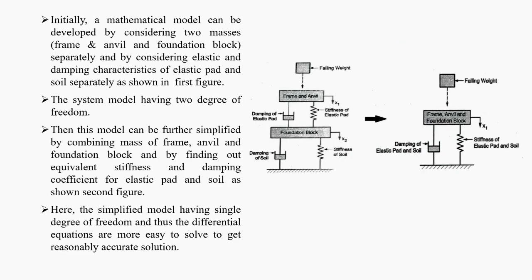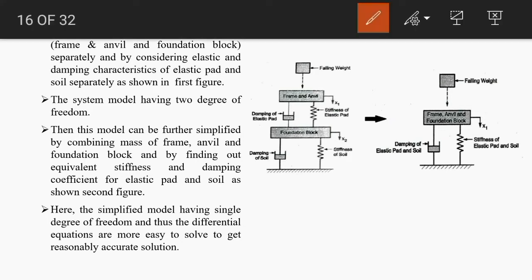So here we can build a mathematical model like this. There is a combined mass of frame and anvil. It is separated from the foundation block by means of the elastic pad. So in between them, here, there are a damper element and a spring element for the elastic pad.